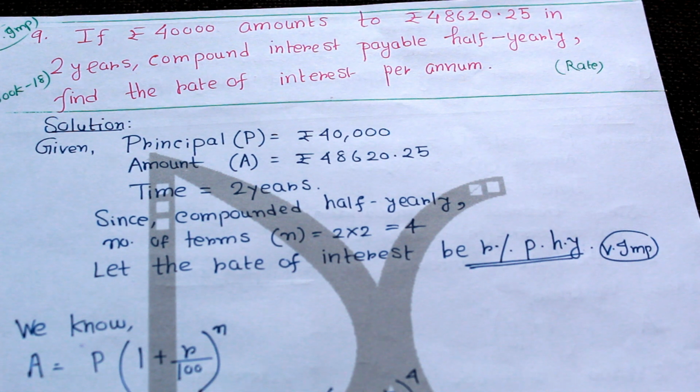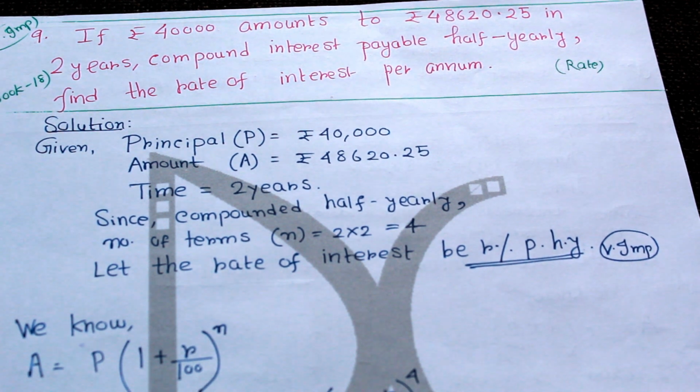So we considered r to be the rate for the half year, so you just multiply by 2 at the end, means you will get 10. So 10 is the rate for the full year. What do you do when the rate is given annually and you find the semi-annual interest? You divide it. So this is the reverse question. You first find the rate of half year, then you multiply by 2.